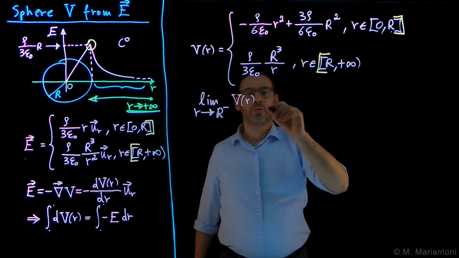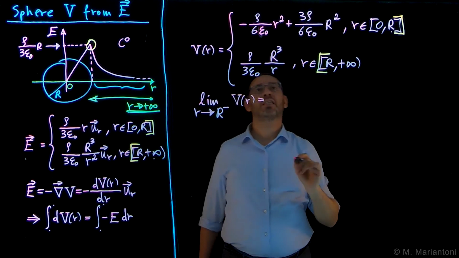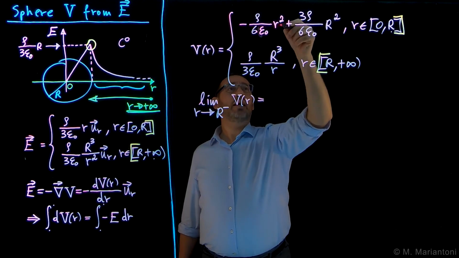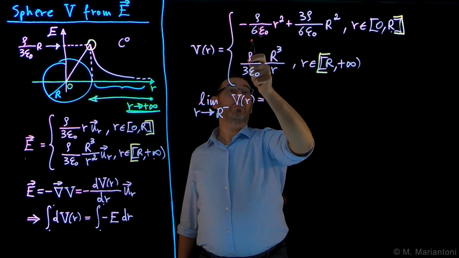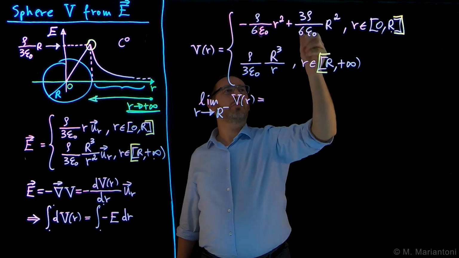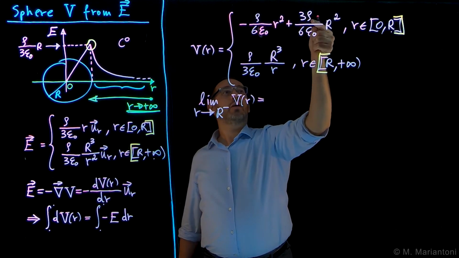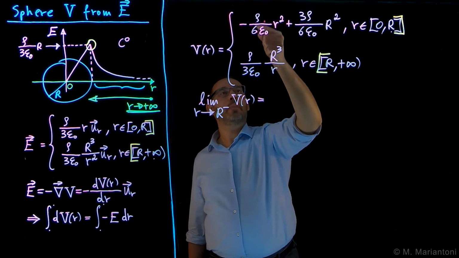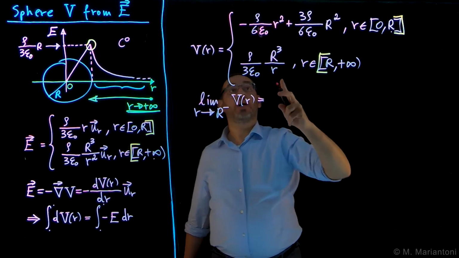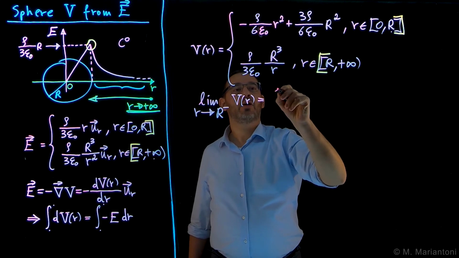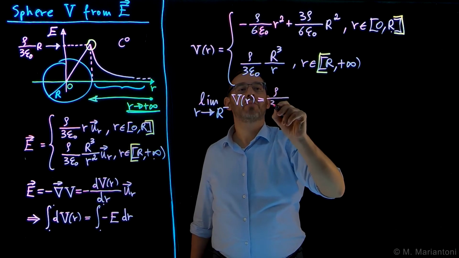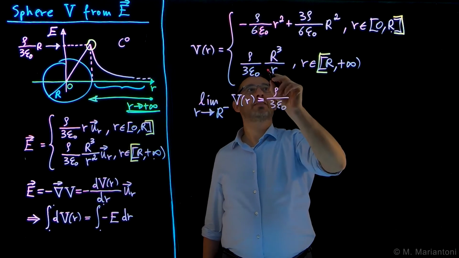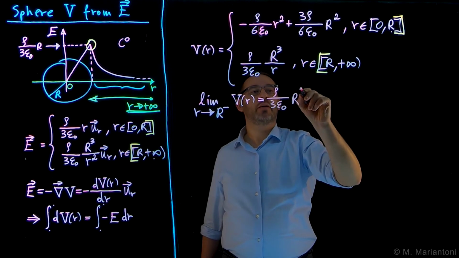If we do that, we obtain, and this is r squared, that's why I kept the 6 epsilon naught in the denominator, because I get 3 rho minus rho, which is 2 rho, 2 over 6 is 1/3. So I obtain rho divided by 3 epsilon naught times capital R squared.